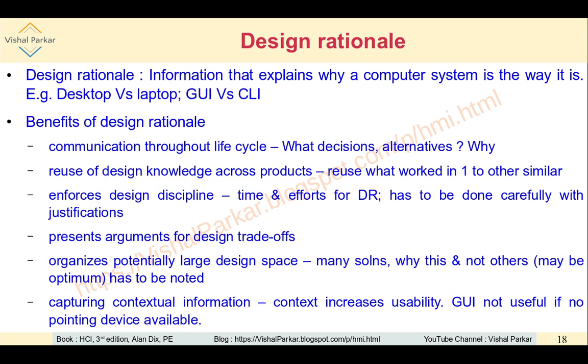Now, those particular trade-offs will be justified with those reasons. For example, why was CLI only selected? Because the resources to drive the GUI were not available at the client. That may be the reason or the argument for selecting the CLI only. That trade-off is done.